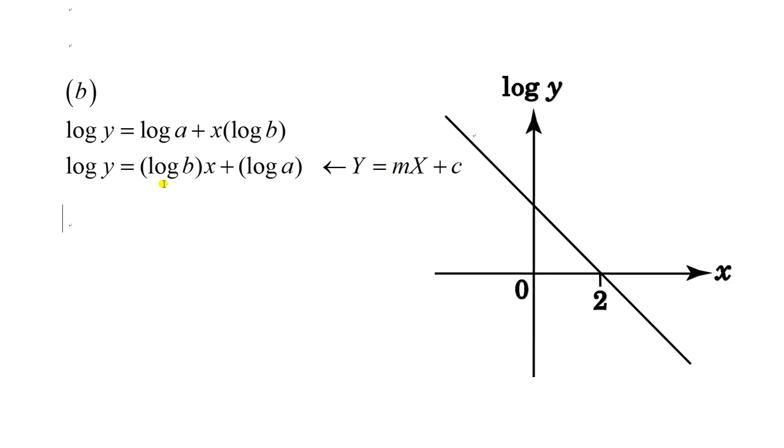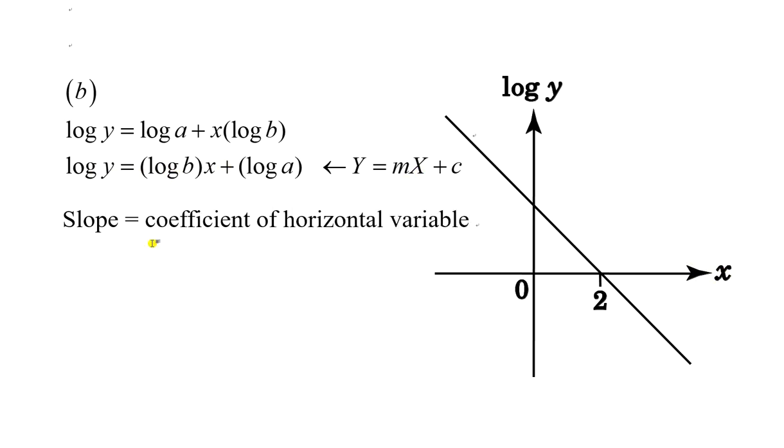And that means the slope of this straight line will be the coefficient of the horizontal variable. And hence, we know that the slope of this straight line equals log b, because the horizontal variable is x and its coefficient is log b.